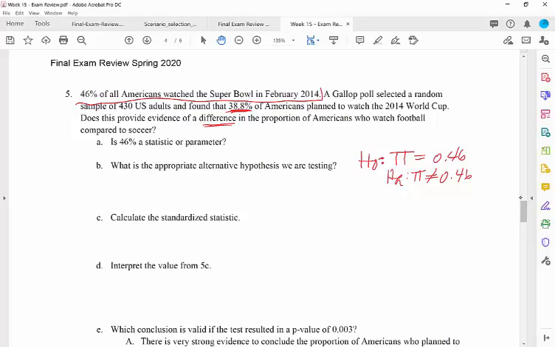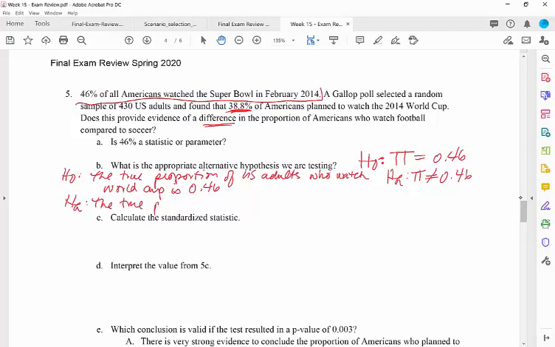So I'll write the null first. Is that making sense? Mm-hmm. And the alternative would just be not equal to, so the true proportion.